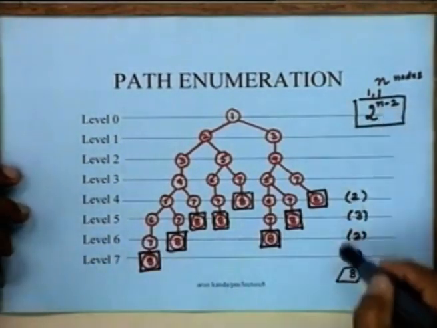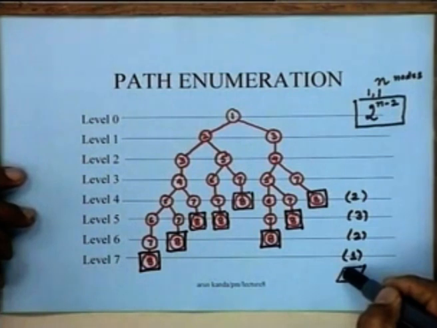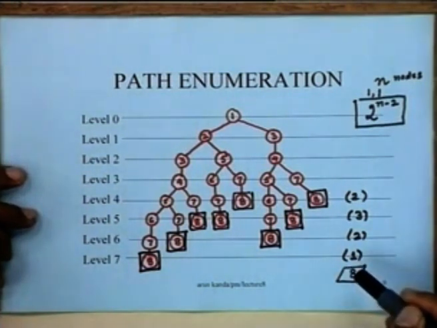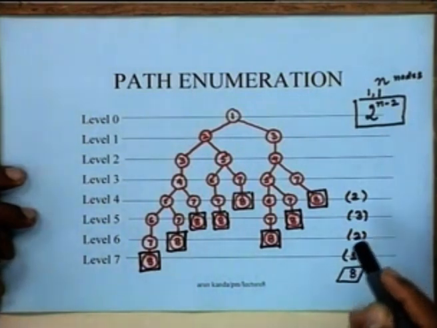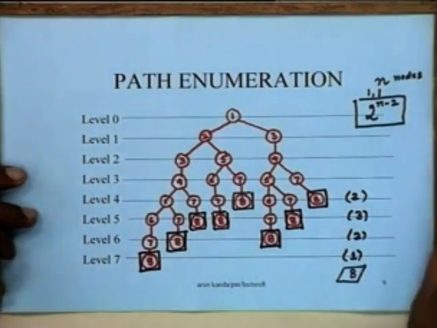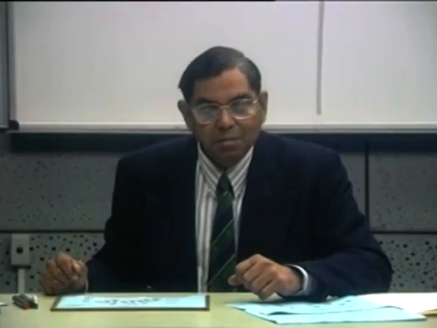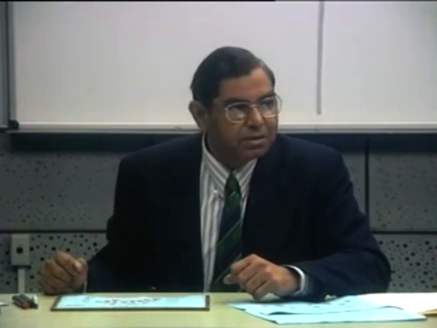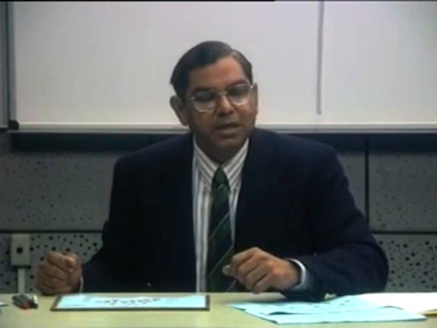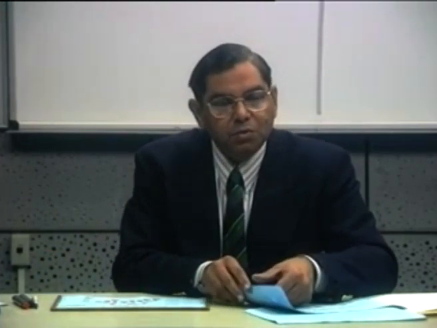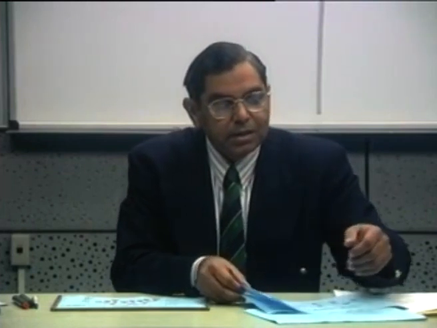For this particular example, the upper bound on the number of paths is 64, whereas there are actually 8 paths in this network. So, this method of path enumeration is really not a very practical method for determining the critical path, but nevertheless if one is interested in finding out all the paths in the network, one could use this to determine all the paths and their various path lengths. So, it can be used from that point of view.